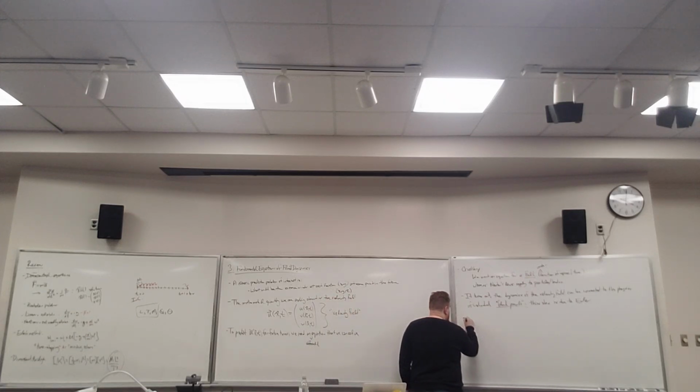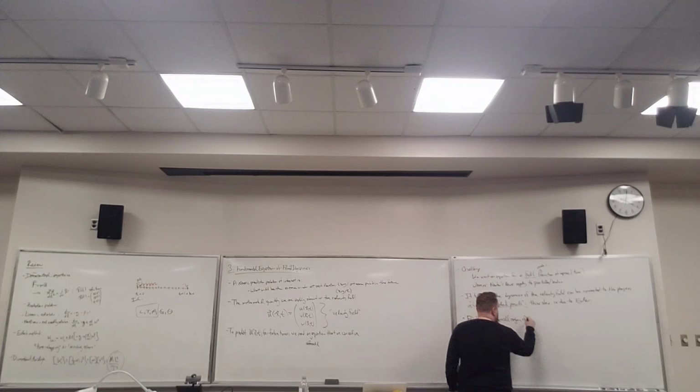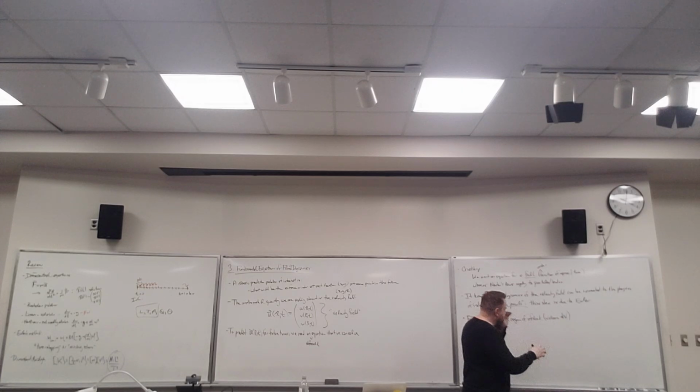So a fluid parcel is a small region of a fluid. And we can say it has volume dV, so it has some infinitesimal little tiny volume. And the key thing is that this fluid parcel, it moves with the flow.